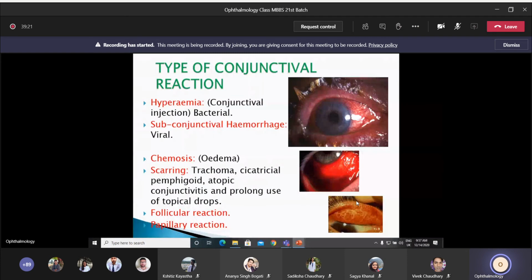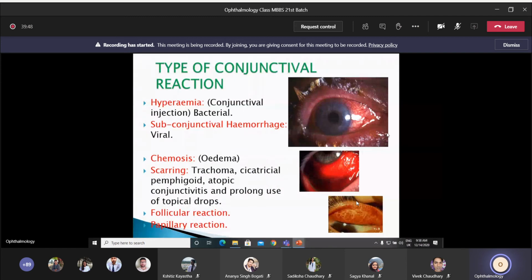In case of conjunctivitis, you can see the diffuse congestion all over the bulbar conjunctiva. So this is the bulbar conjunctiva, and you can see the diffuse hyperemia, which is seen in case of bacterial. Another important thing sometimes seen, like in this picture, is a darkish coloration of blood here. That is a subconjunctival hemorrhage, which is mainly seen in viral, sometimes in adenoviral infection.